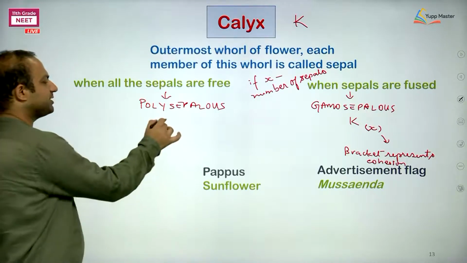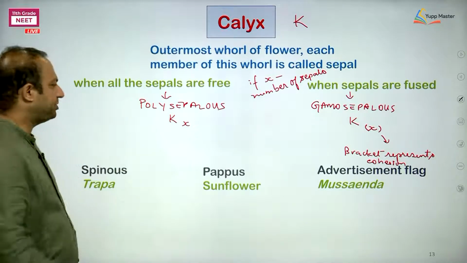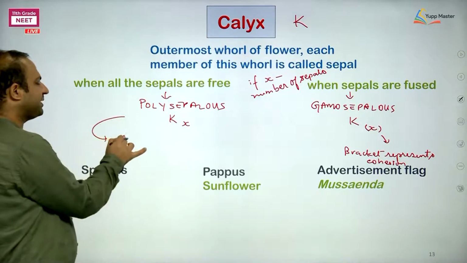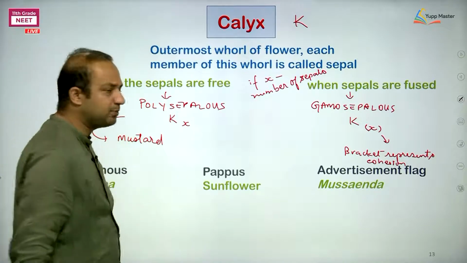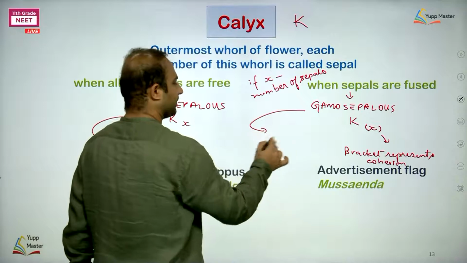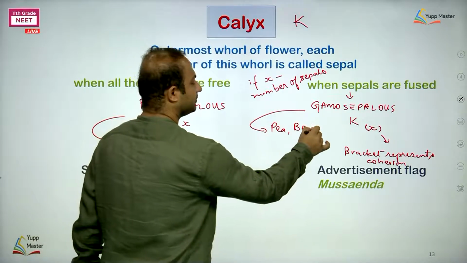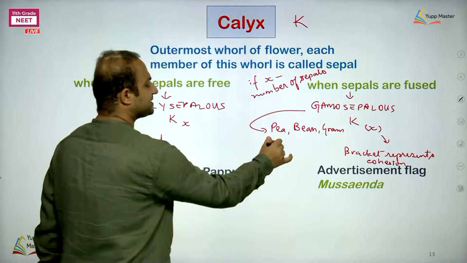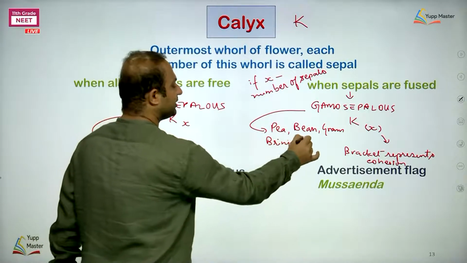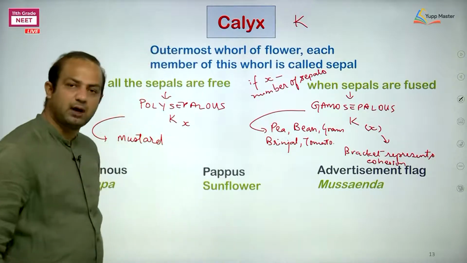Then we used to say K and X. Easy. Any example? Yeah, example is mustard. Example of gamosepalous is pea, bean, gram. Or you may see this in brinjal, then tomato, then chili, etc.